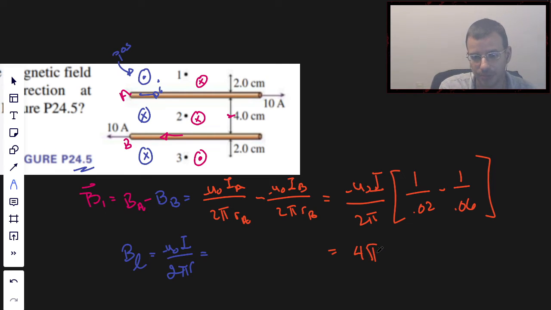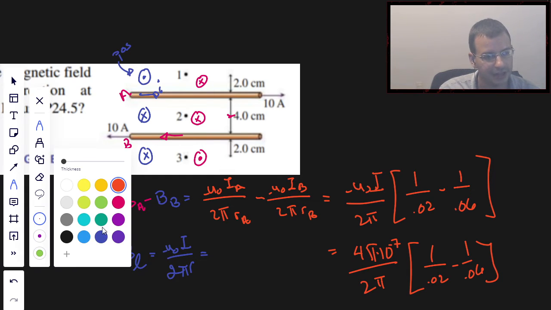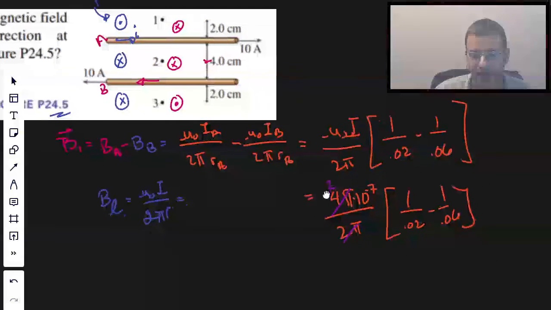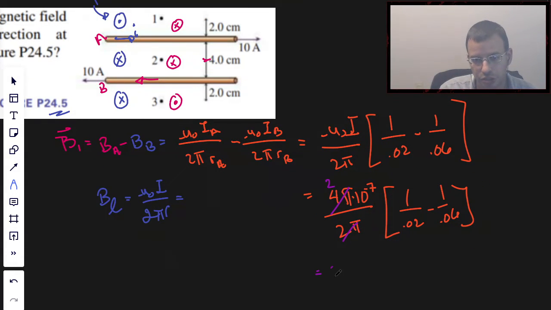Let's simplify this a little bit. 4 pi times 10 to the negative 7 over 2 pi, times 1 over 0.02 minus 1 over 0.06. The 2 pi and the 4 pi cancel, giving us just 2 up top. And we have 2 times 10 to the negative 7th times 1 over 0.02 minus 1 over 0.06.